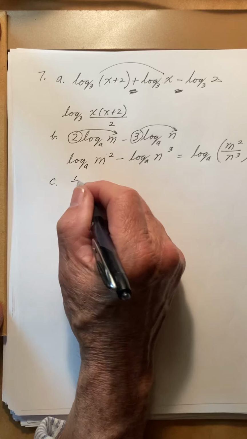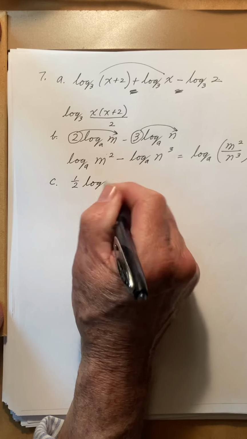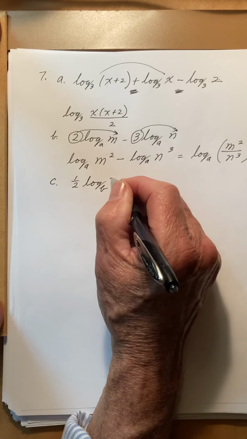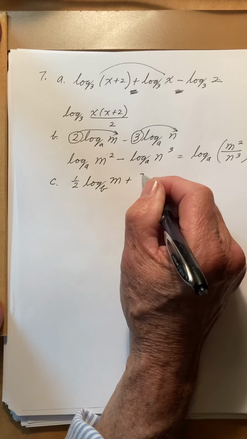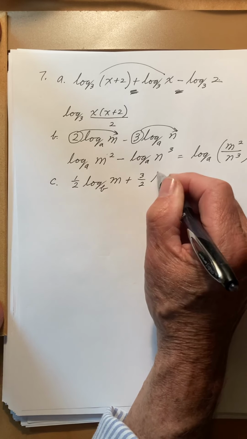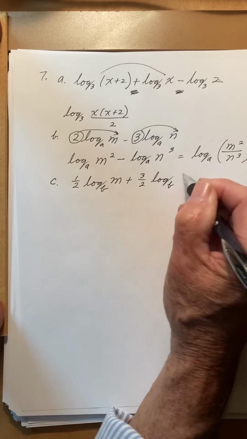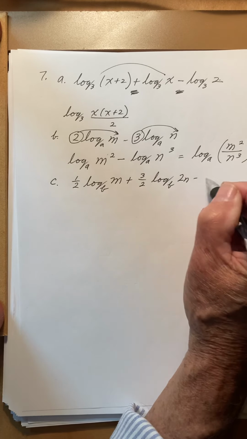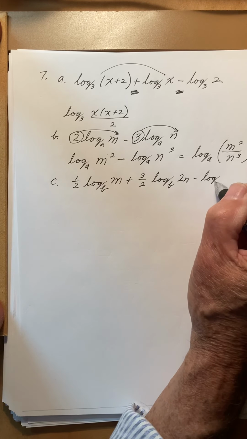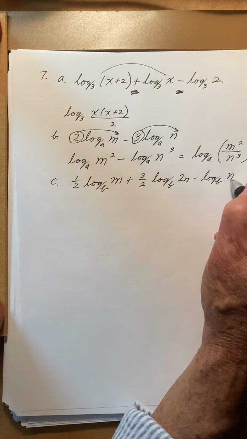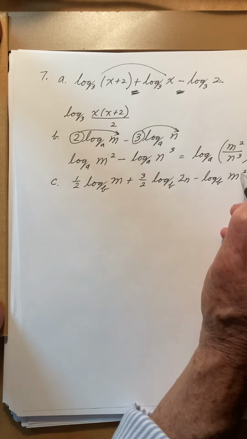The next one is 1/2 log base b of m plus 3 over 2 log base b of 2n minus log base b of m squared n.